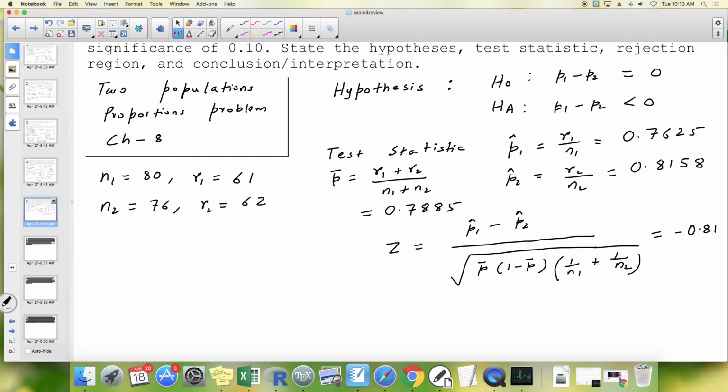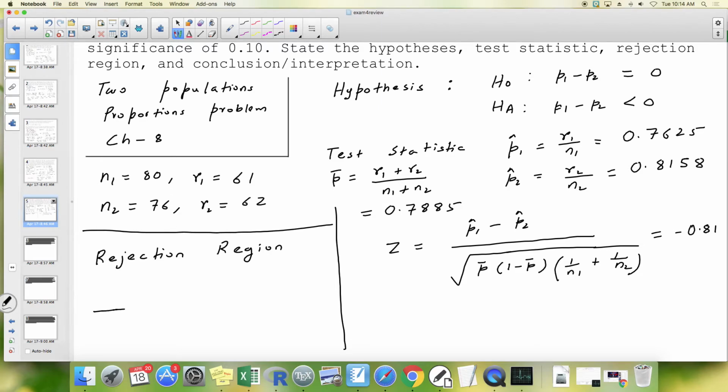Alright, so let's go to the rejection region now. We should start drawing by a Z. Okay, it's a left tail test, so there should be a ZC here, and the left tail is the rejection region.